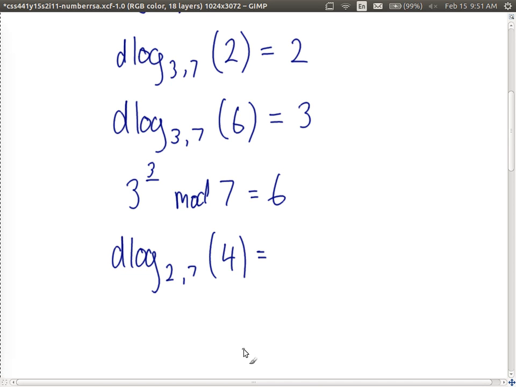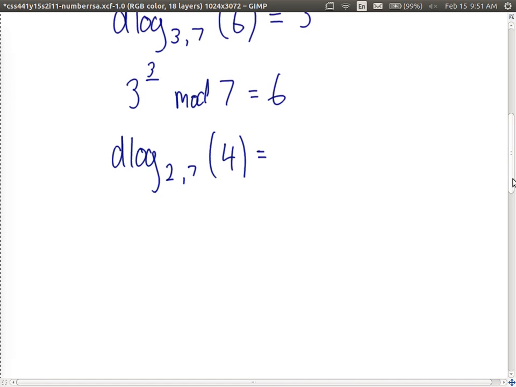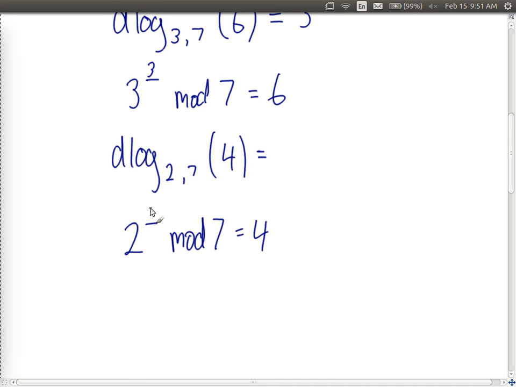So let's check from the exponentiation. Base is 2. 2 to the power of something, mod 7 equals 4. What if the something is, someone said 2? Correct? 2 to the power of 2 is 4, mod 7 is 4, okay.